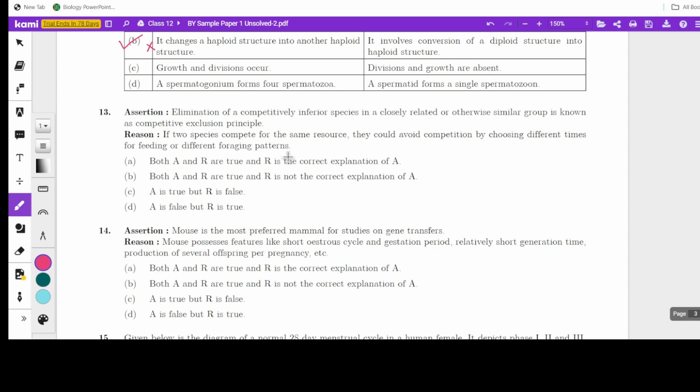No, the reason is talking about another chance, stating that the assertion may not always be true, isn't it? So you can go for option B. Both A and R are true, but R is not explaining the statement A. They are giving another option for A. So A and R are true and R is not the correct explanation of A.